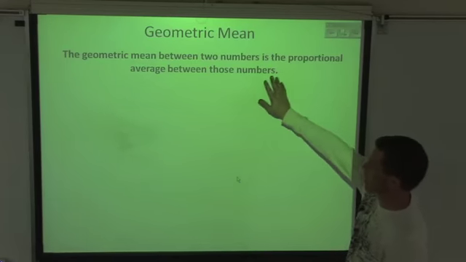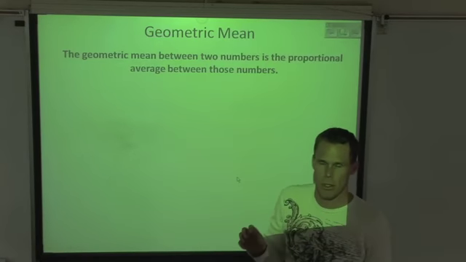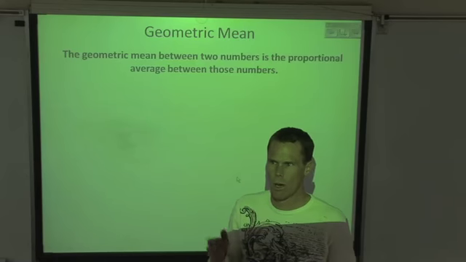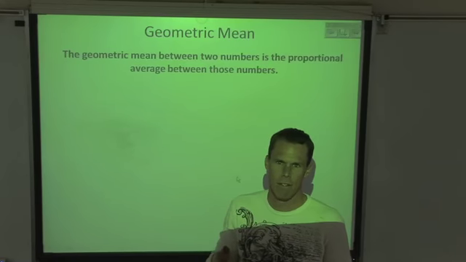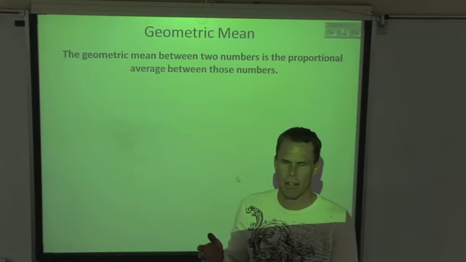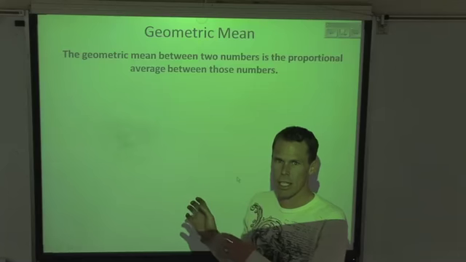The geometric mean between two numbers is the proportional average between the numbers. You've heard of average, like the average between 4 and 6 is 5, or the average between 50 and 100 is 75. That kind of average is not this.